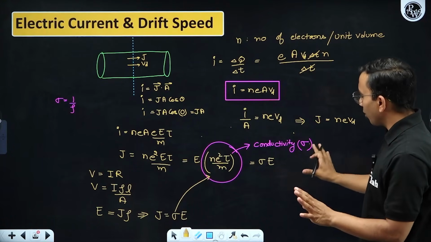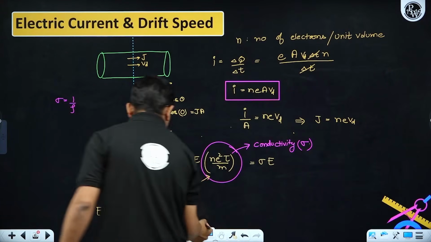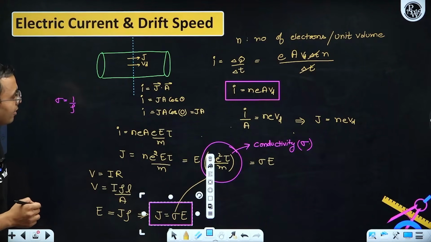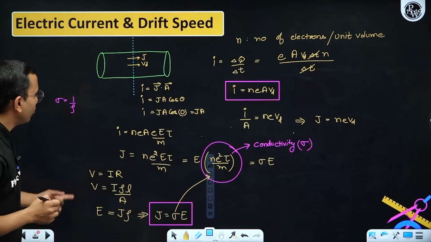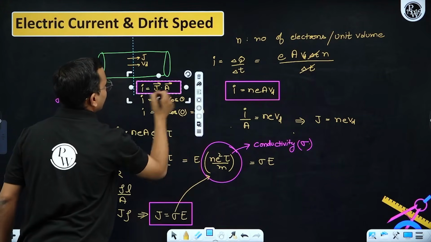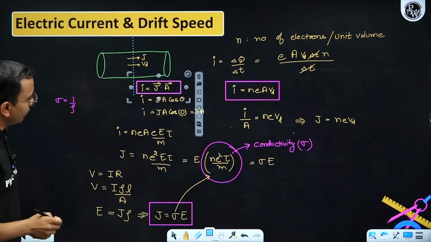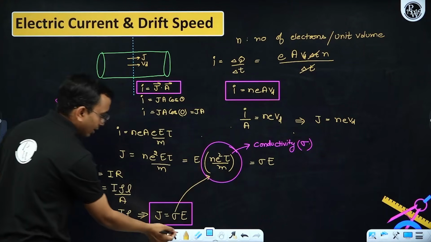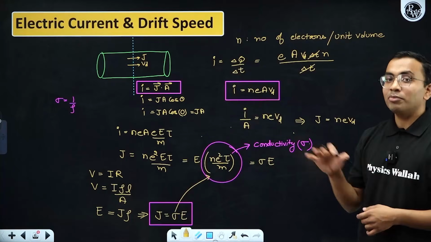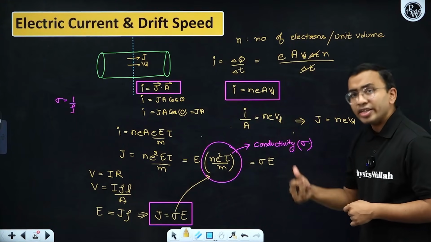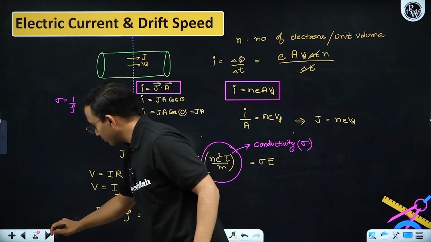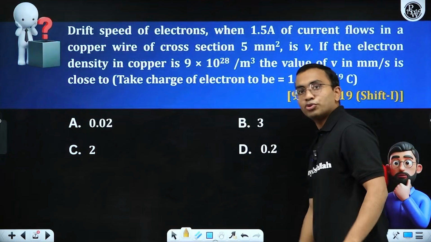So from here, what you need to remember, this is important, is this relation, J is equal to sigma E, and this relation. These fundamental relations you need to learn so that you can apply them, because questions are not asked very frequently from here, but questions are asked from this in mains. Let us come to questions.